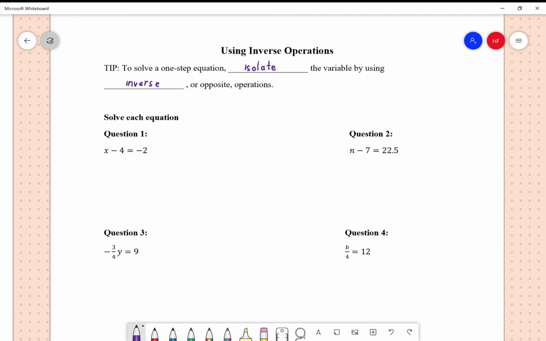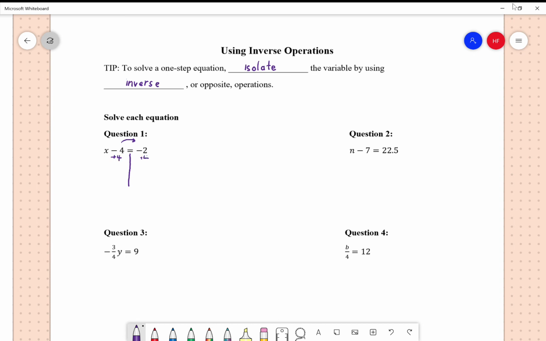So in question 1, we have x minus 4 equals -2. So I want to get everything on this side except for the x. I want my variable to stay on one side and I want everything else to be with the equal sign. So the opposite of subtracting is adding.